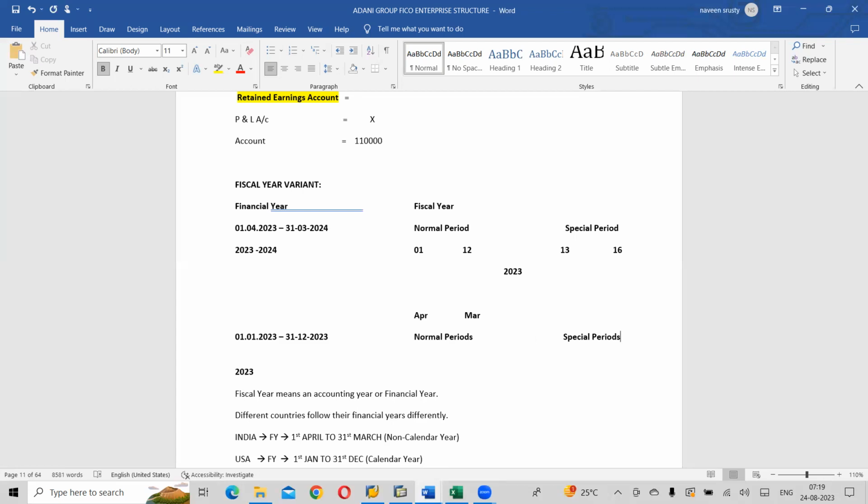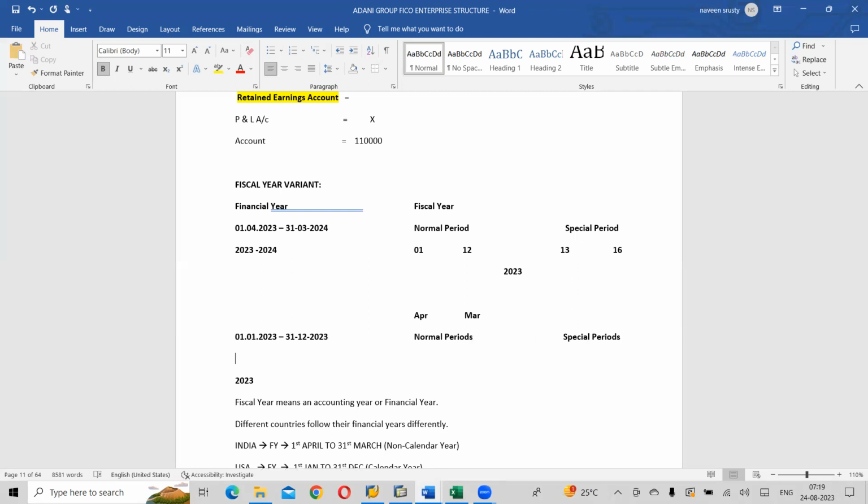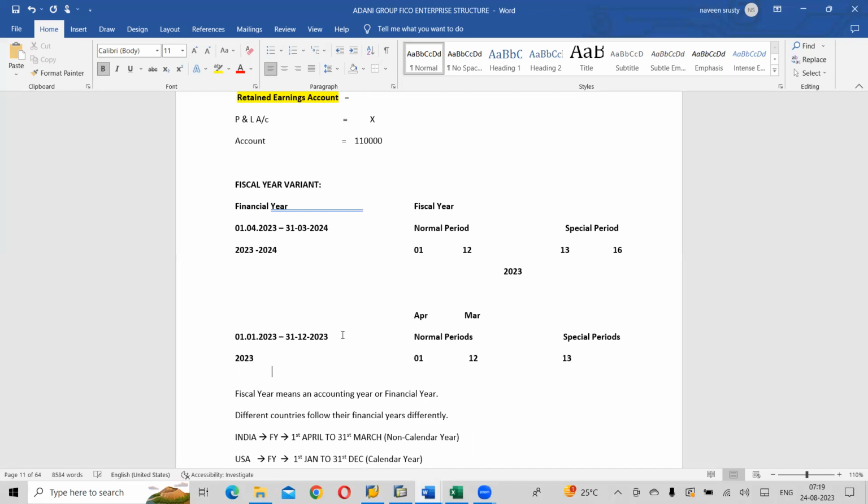Periods 01 to 12, then 13 to 16. Here it is January to December.